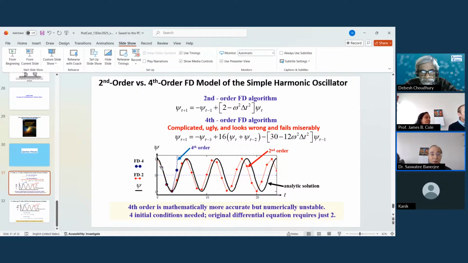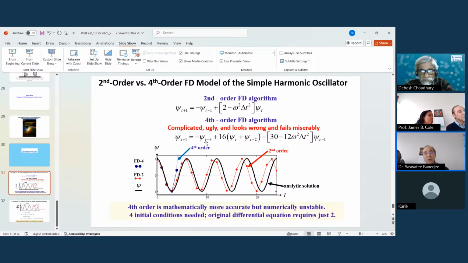This blue line is the fourth order. The black line is the exact analytical solution of the harmonic oscillator. This is time, and this is the oscillator position. For a short period of time, yes, it's very good. And then after just a few time steps, it dramatically diverges.